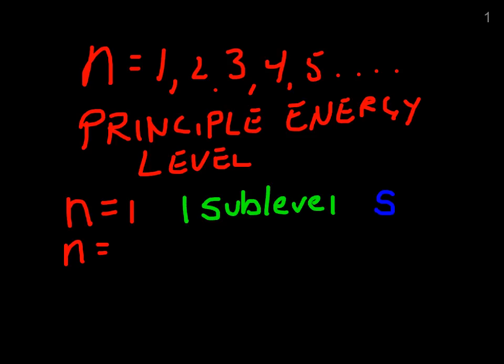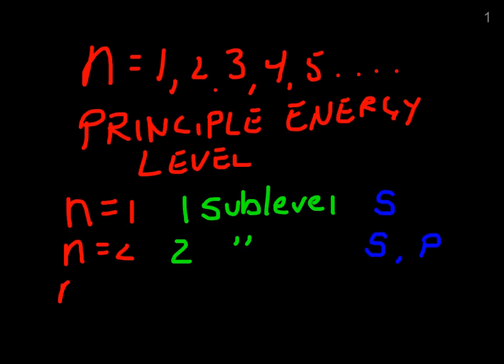When n is equal to 2, there are two sublevels: the s and the small p.